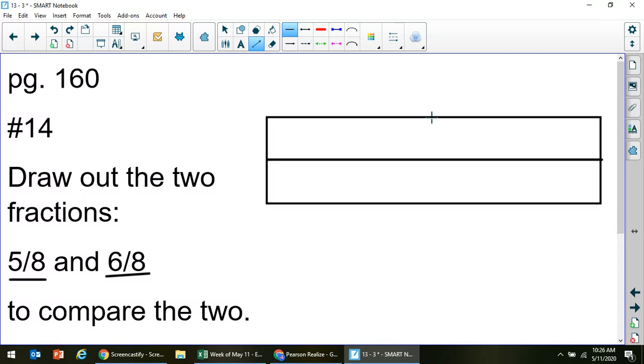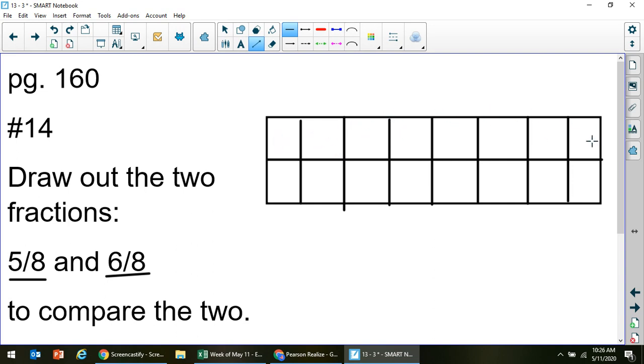Remember, eight's an even number, so you can split it right down the middle. You can split it again. All right, so now it's split into eighths. 1, 2, 3, 4, 5, 6, 7, 8. And then just color in 5/8 up here, 6/8 down here, and then you're able to compare the two.